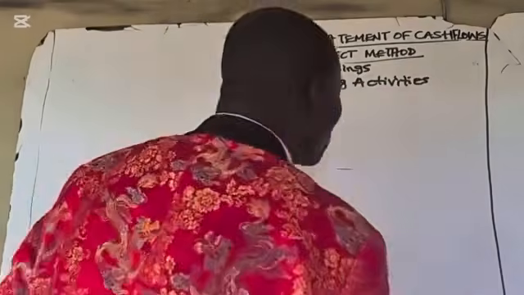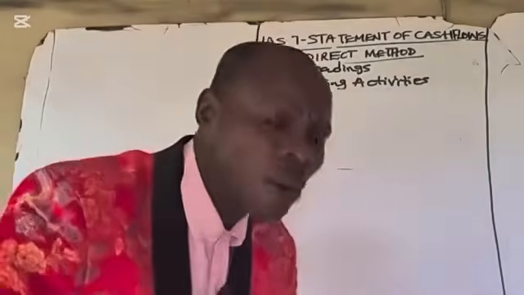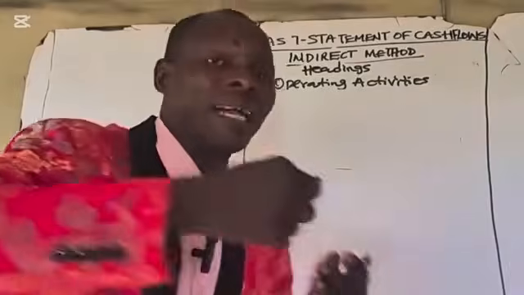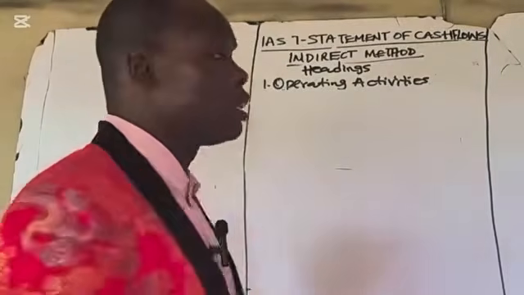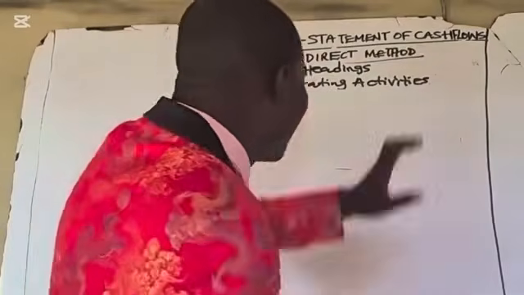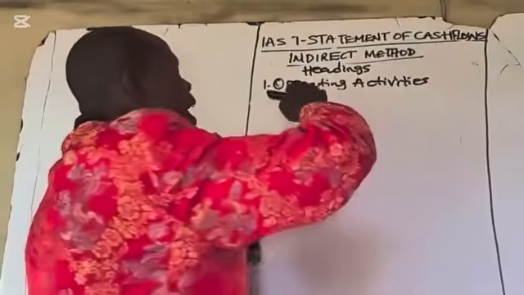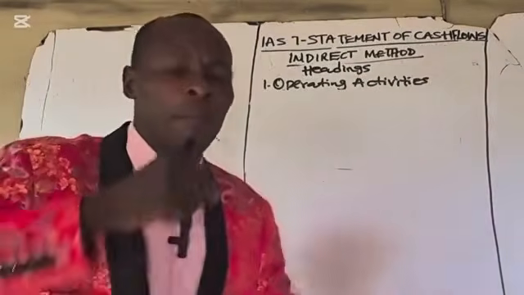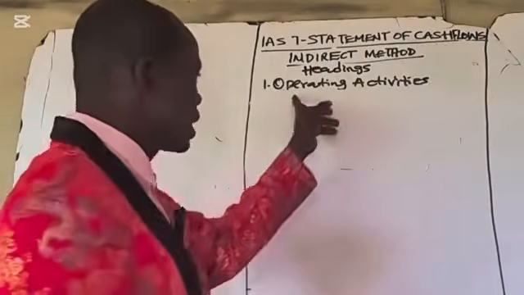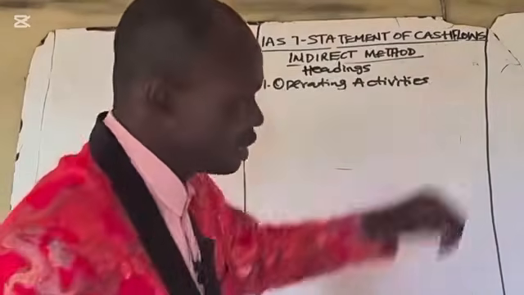That means they fall within the normal tentacles of the business. Under the indirect method, what we normally do is reconcile the operating profit with cash flows from operating activities.